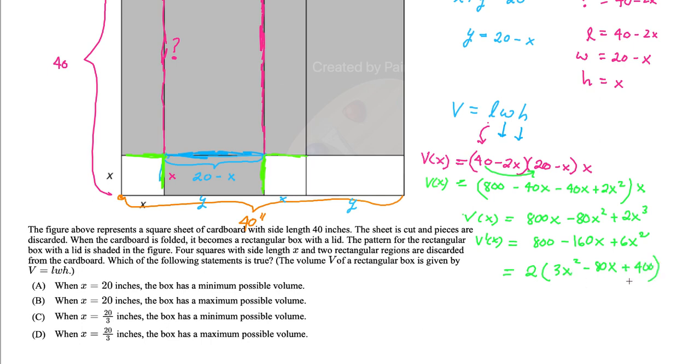Okay, I'm going to do the AC method. 3 times 400 is 1200, multiplies to 1200, but adds to negative 80. So multiplies to 1200, 60 and 20, right? Negative 60 and negative 20. So then I split this along those lines. So I say 3x squared minus 60x minus 20x plus 400.